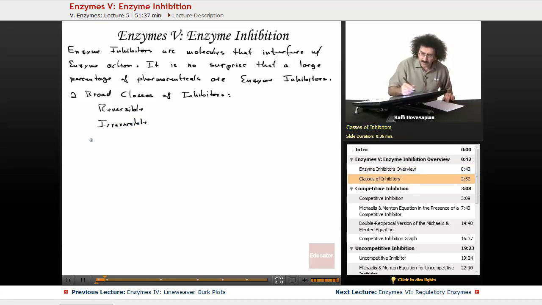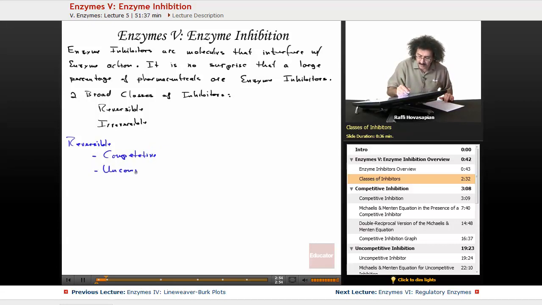Now let's go ahead and deal with the reversible first. I'm going to go ahead and do this in blue. So, reversible. Now the reversible comes in three varieties. Something called a competitive inhibitor. It's exactly what you think it is, but we'll give a definition in just a minute.